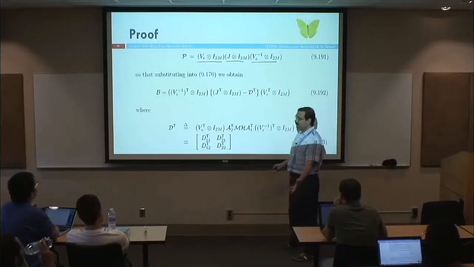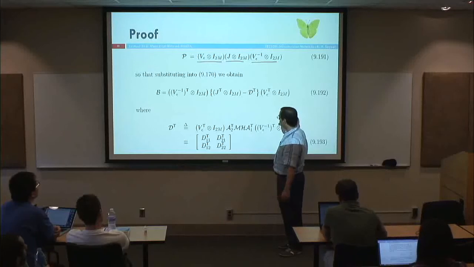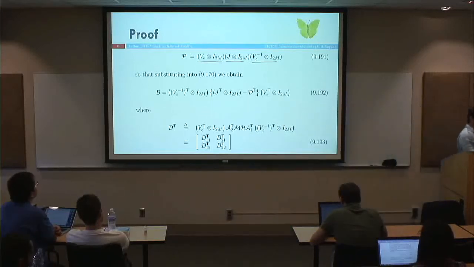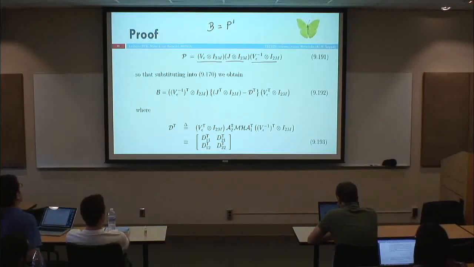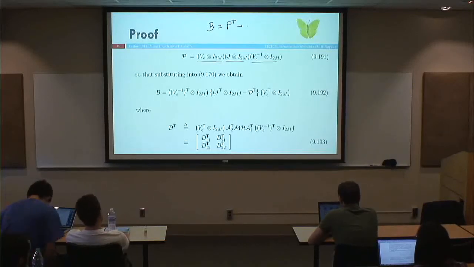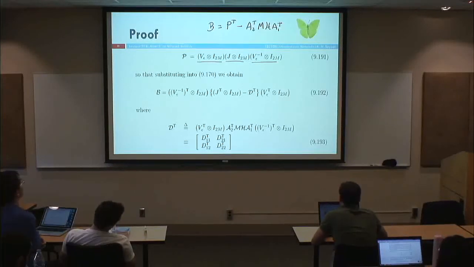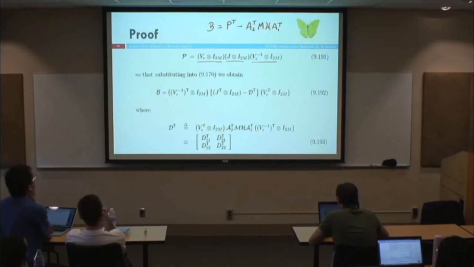And then if you go to B, what was B? B was something like this: P transpose minus A2 transpose M H A1 transpose. This was B. So if this is P, P transpose, you would just reverse the order here. So here it is.